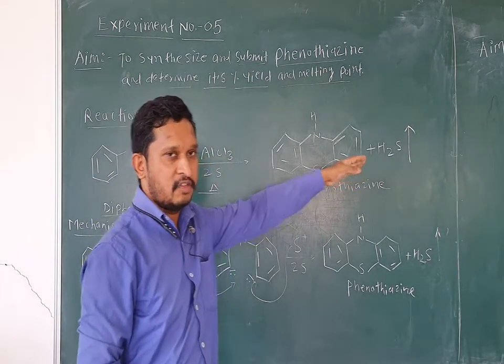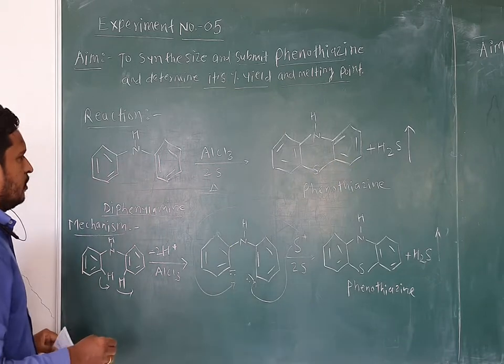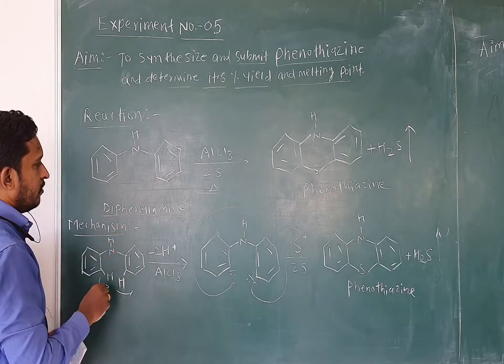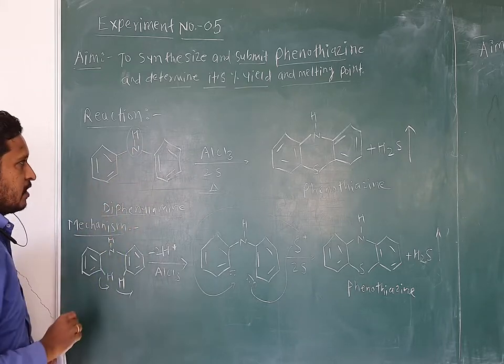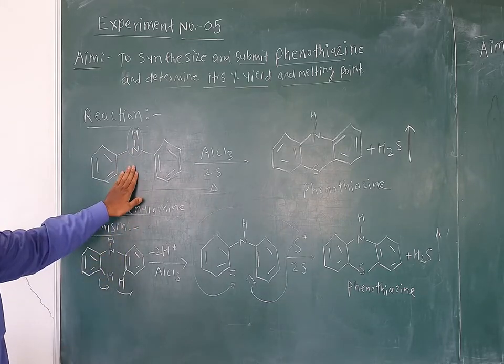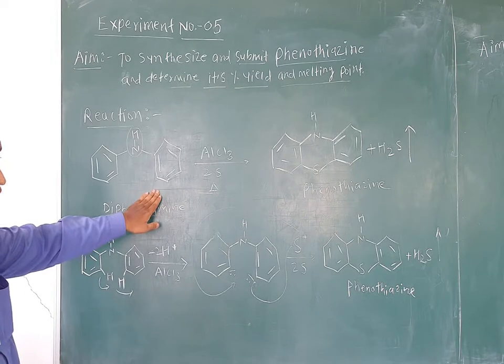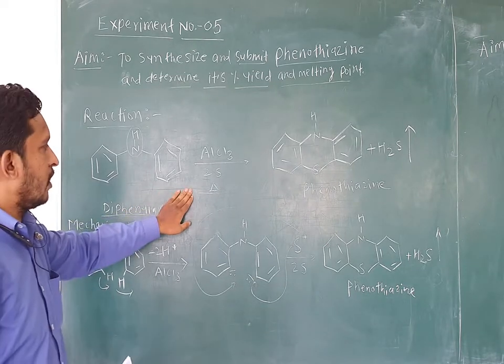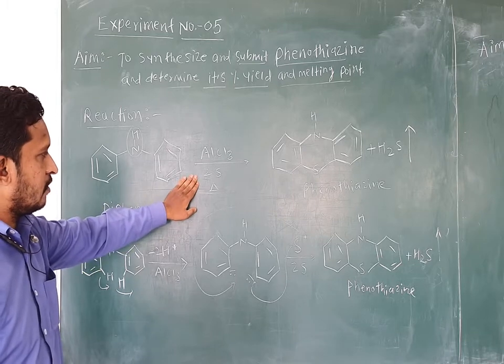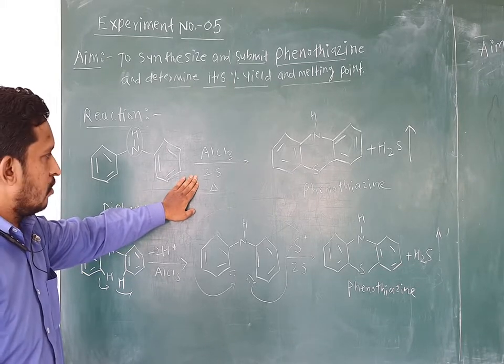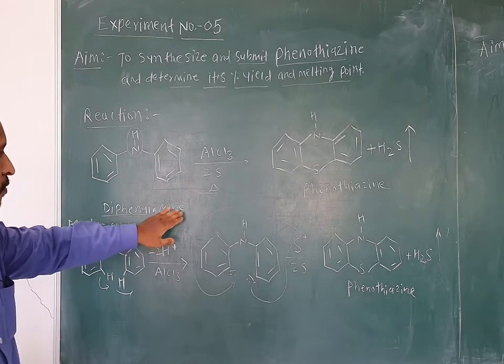Here diphenylamine contains the amino group, and these two phenyl groups are attached to the nitrogen of the amino group, so it is diphenylamine. When it reacts with AlCl3 and 2 moles of sulfur, with the application of heat, it is converted into phenothiazine.